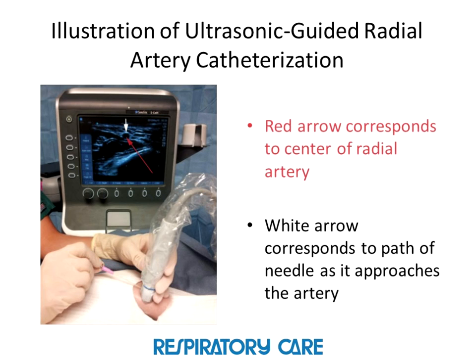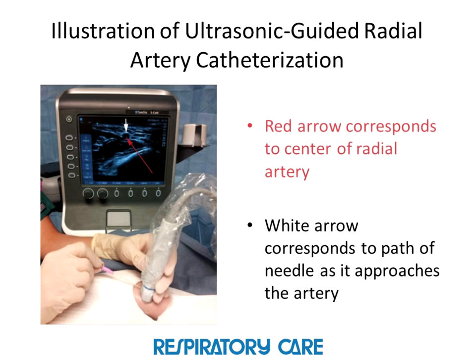This picture is in the article in the December issue, and it shows an arterial line being inserted with ultrasound guidance. And if you look up on the ultrasound, it isn't real clear. On the next slide, I have a little bit larger picture. But the red arrow corresponds to the radial artery, and the white arrow corresponds to the path of the needle as it approaches the artery.